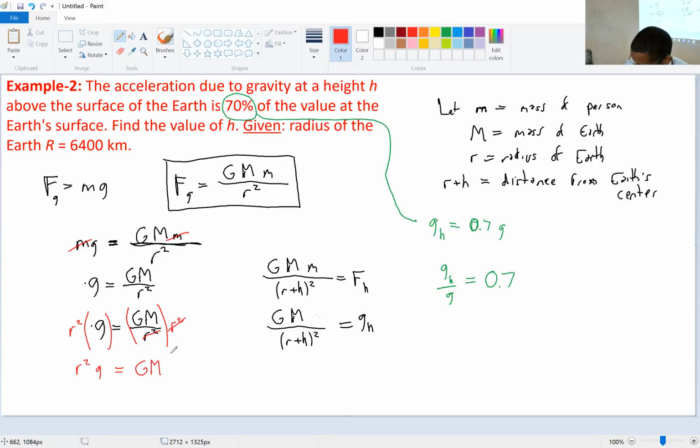And then what is GM? I can take this expression for GM and plug it back in here. So that's what I'm going to do. We'll write it in this color.